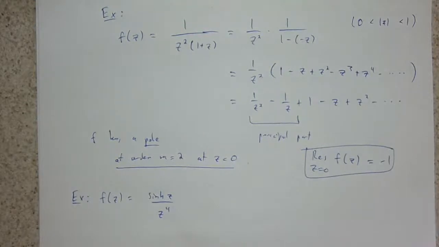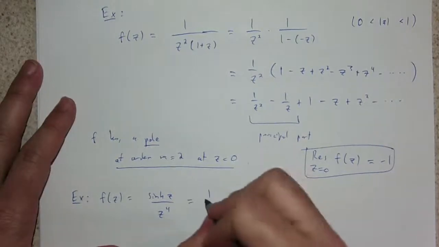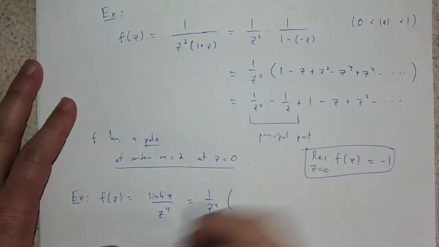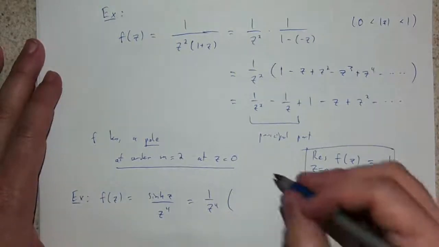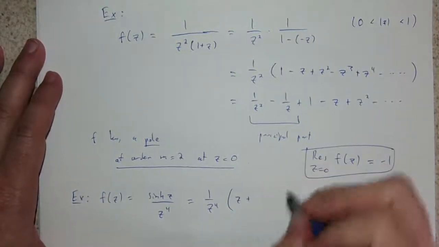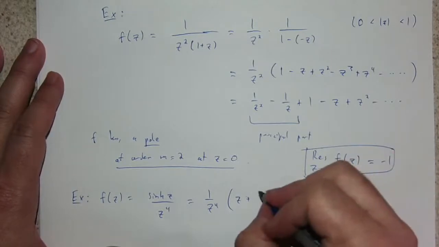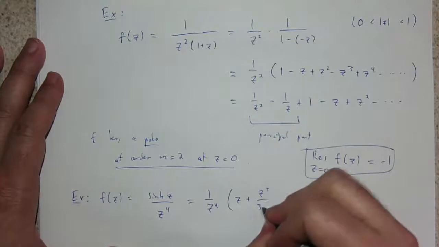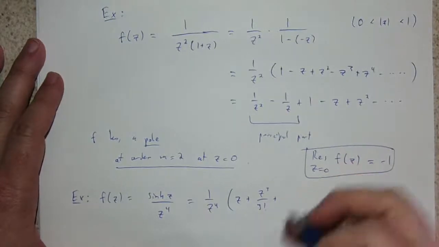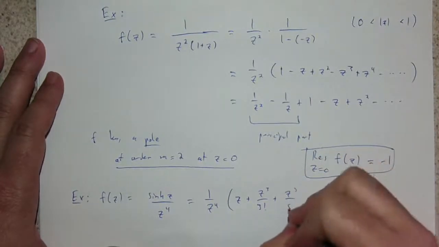But to actually see how this works, I just look at 1 over z to the fourth times the Maclaurin series expansion for sinh z. So this is z plus z cubed over 3 factorial plus z to the fifth over 5 factorial and so on.